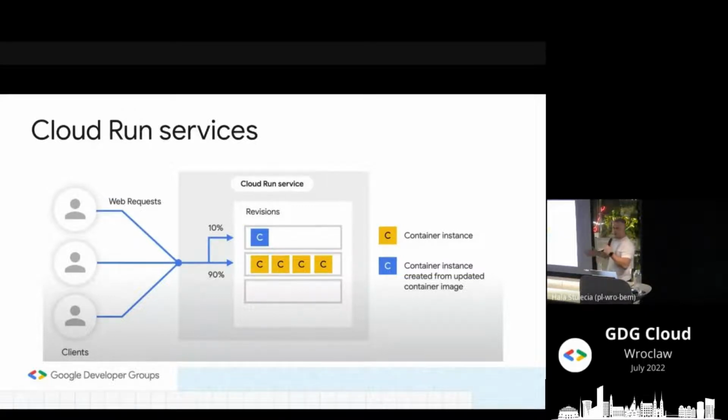If you test it out, using small steps, you can increase the traffic that will be routed to your new revision. Once you hit 100% and you see that there are no issues, then that's done, right? You have an easy way of testing something on real traffic, right? Because, as we know, life creates the best scenarios. So sometimes this testing in production might be one of the solutions, right?